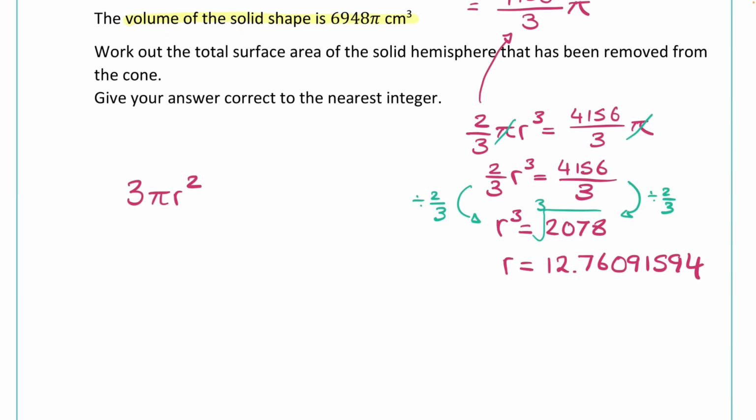We have r is 12.76, so I've got 3 times pi times 12.76091594 squared. I can type that in on the calculator.